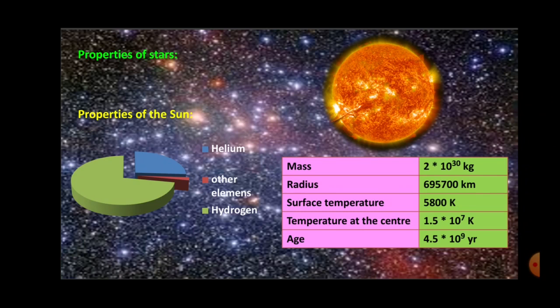Then the temperature at the surface is 5800 Kelvin, and the temperature at the center is 1.5 into 10 raised to power 7 Kelvin. The age of the sun is around 4.5 into 10 raised to power 9 years. These are the properties of the sun.